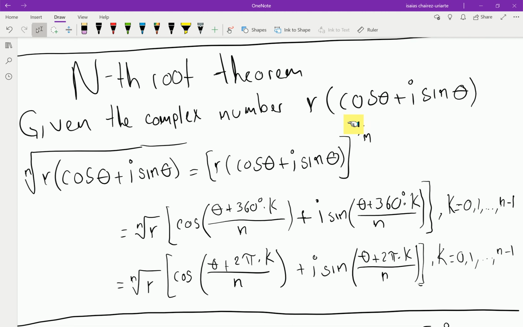Just be aware that there's a big connection between nth roots and rational exponents.